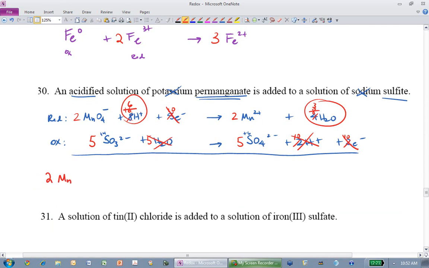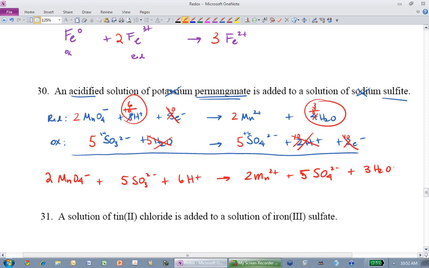So 2 MnO4 minus plus 5, count them 5, SO3 2 minus sulfite ions, plus everything's crossed off except 6 H pluses yields 2 Mn2 plus 5 SO4 2 minus, and everything's crossed off except for 3 waters.